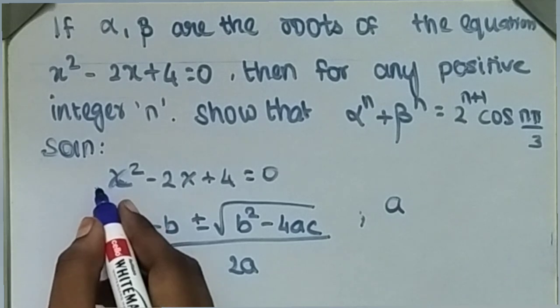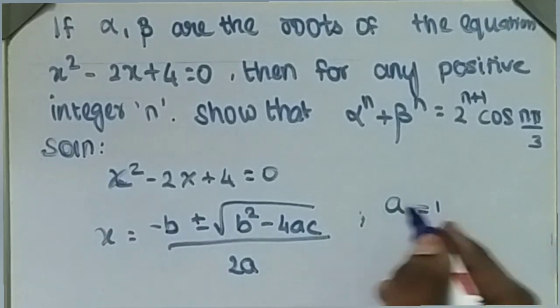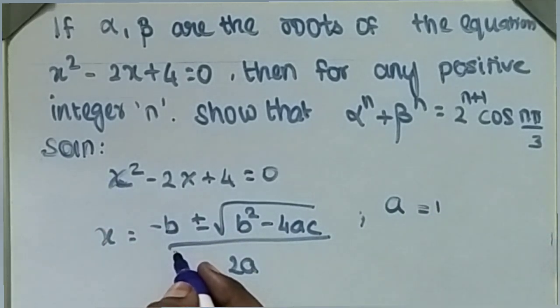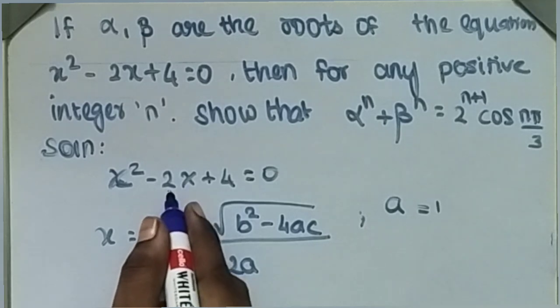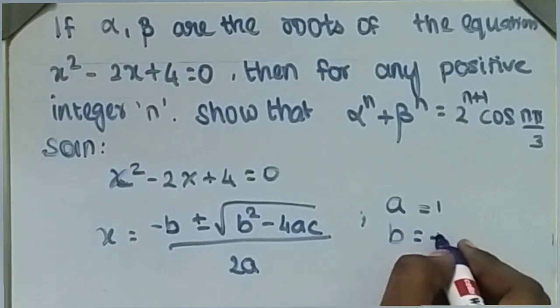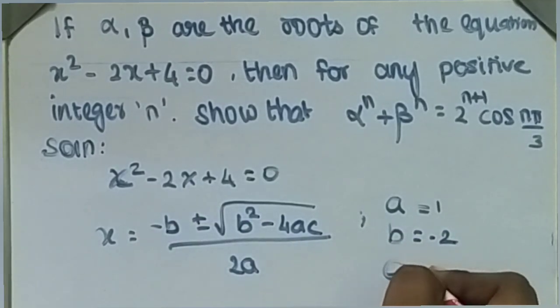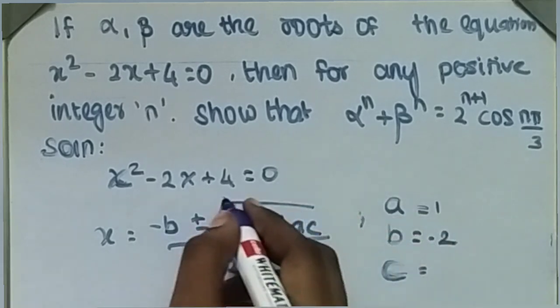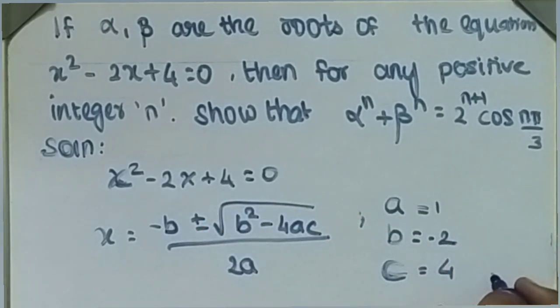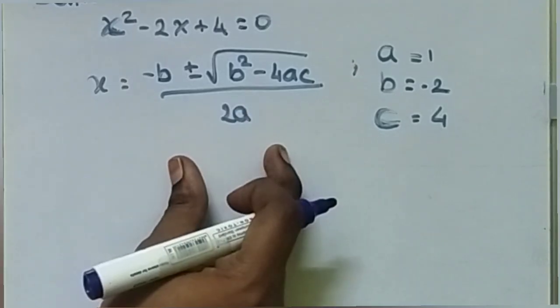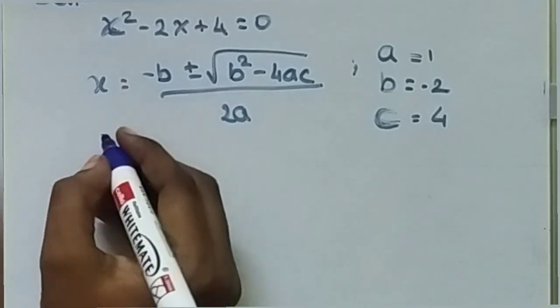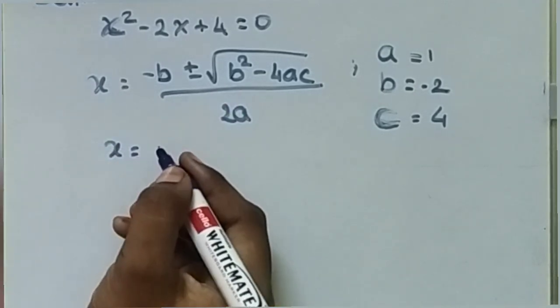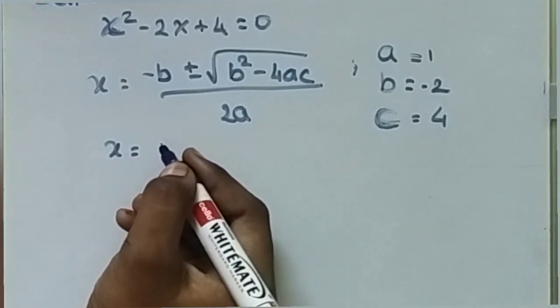A is the coefficient of x squared, which is 1. What is b? B is the coefficient of x, so b is minus 2. What is c? C is the constant, which is 4. We are going to substitute these values in this formula and find x. So if we solve this, we will get the roots, right?